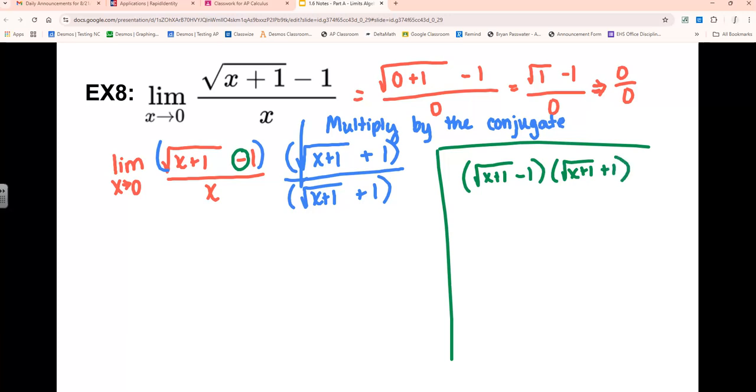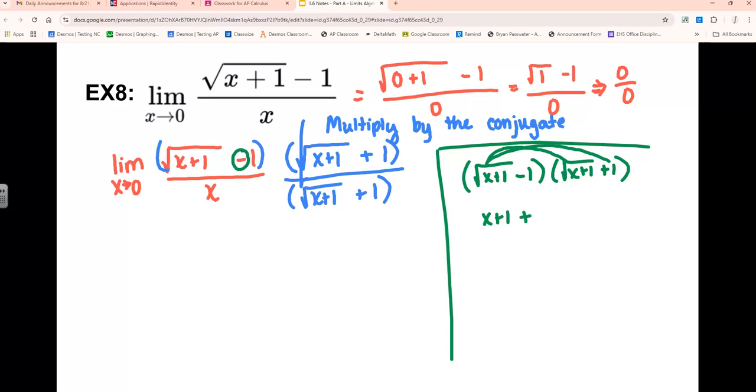So we have to multiply first terms. Square root of x plus 1 times square root of x plus 1. What does that give us? Just x plus 1 with no square root, because you're basically squaring a square root, and that cancels each other out. Then I multiply here square root of x plus 1 times positive 1.